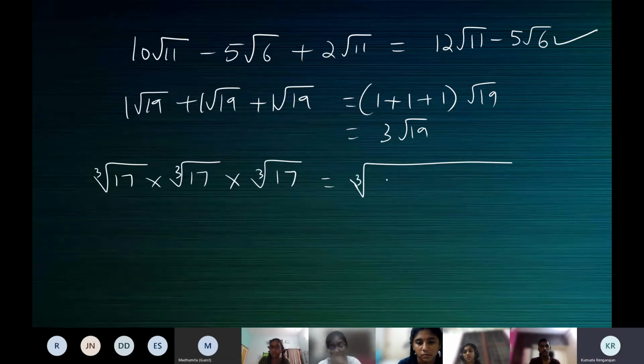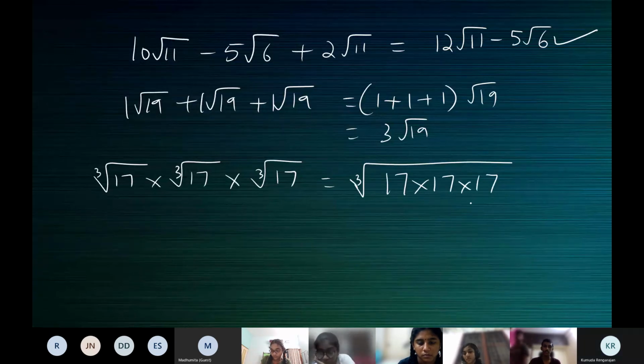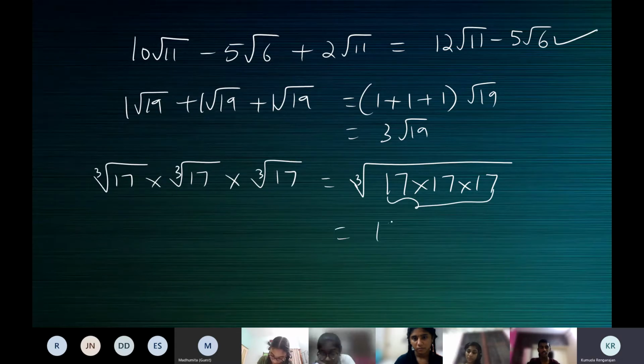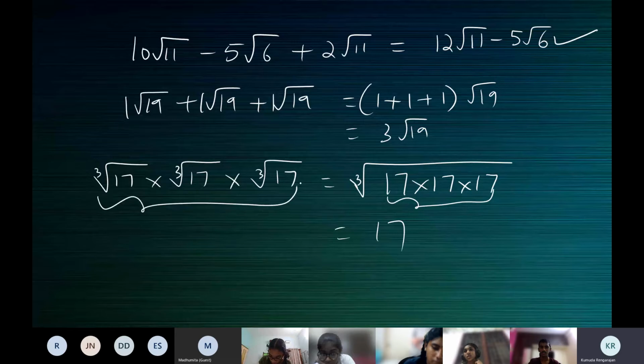What's the cube root of 17 into 17 into 17? From 3 equal factors of 17, one 17 comes out. So the value is 17. Yes, ma'am.